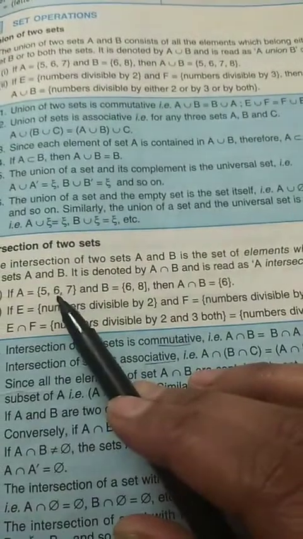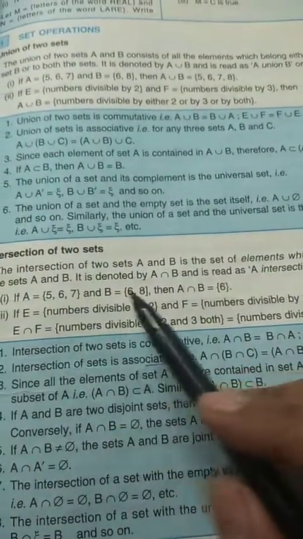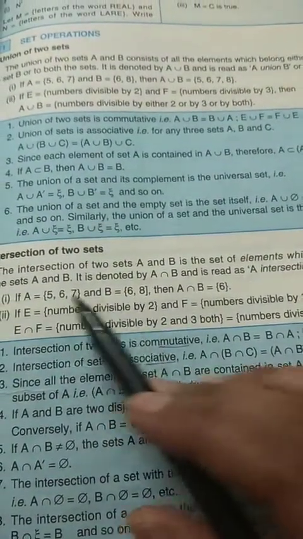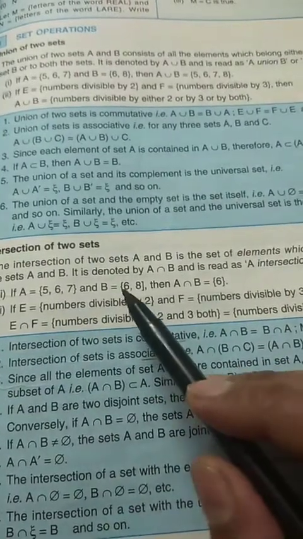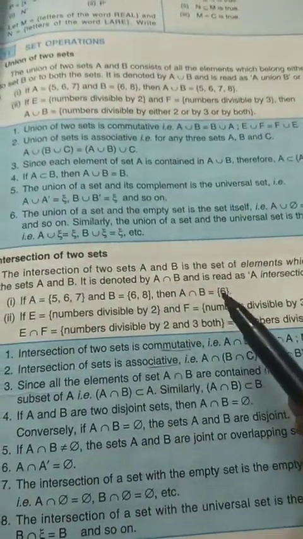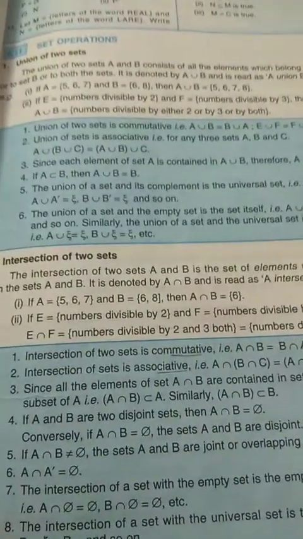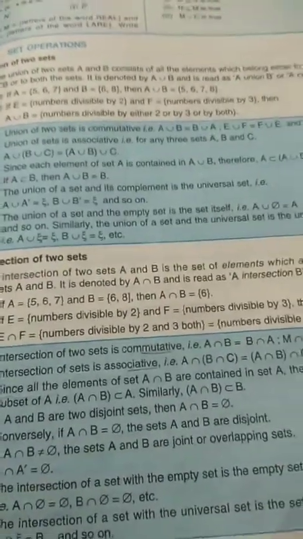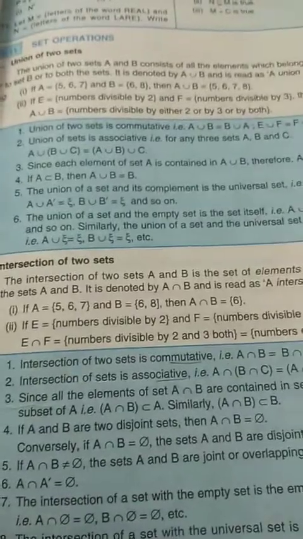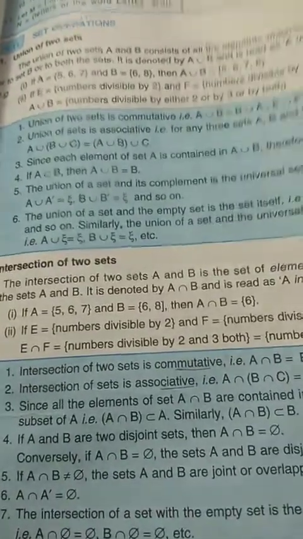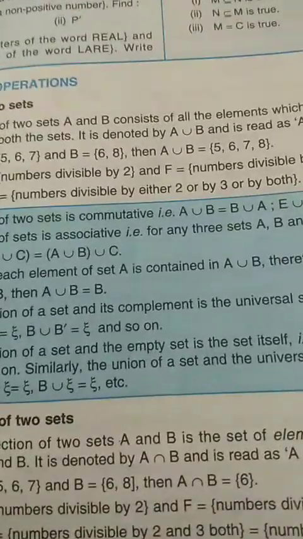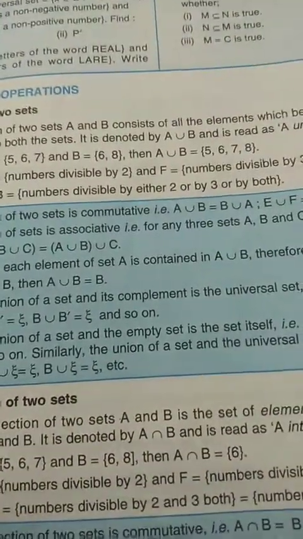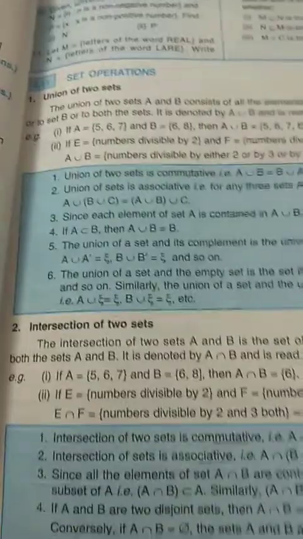You can see 6 is present in A and 6 is present in B, so it is a singleton set, which is 6. In intersection we write the common terms, and for union we write all the terms but write the common ones only one time. This is the difference between union and intersection.